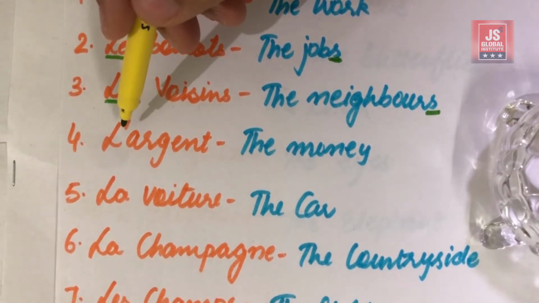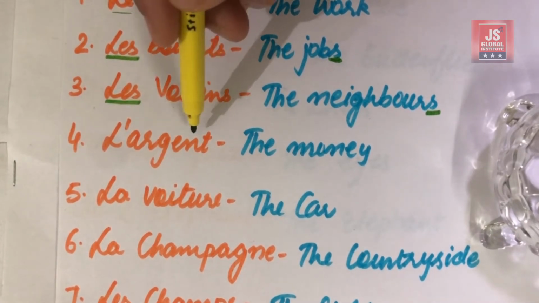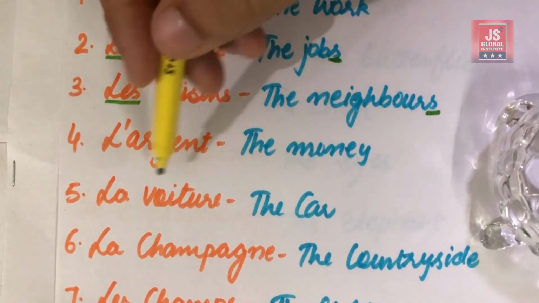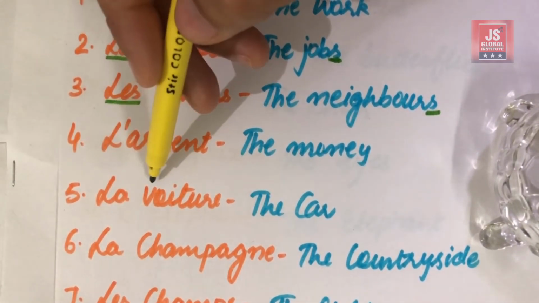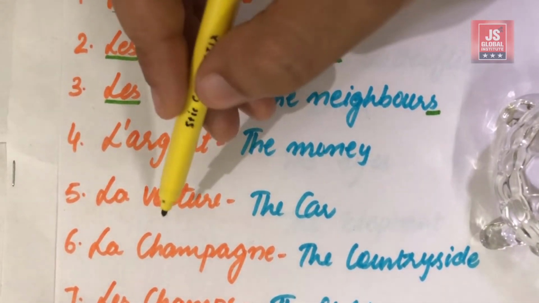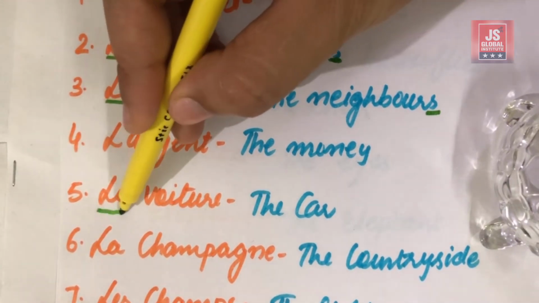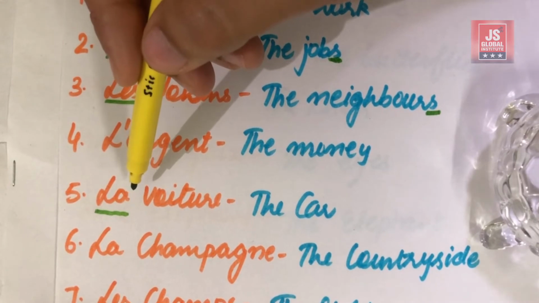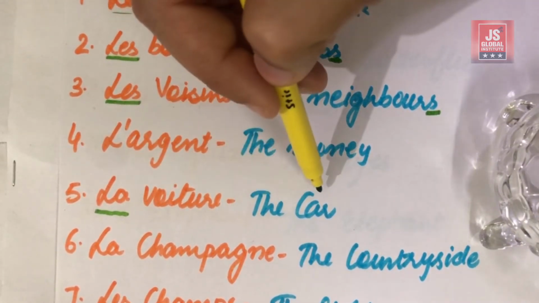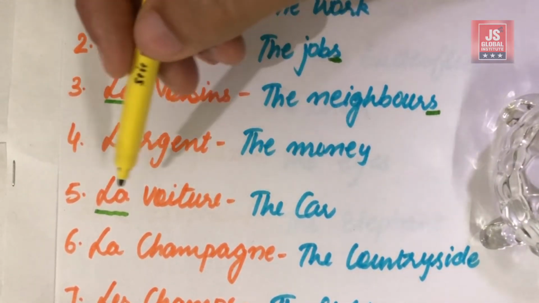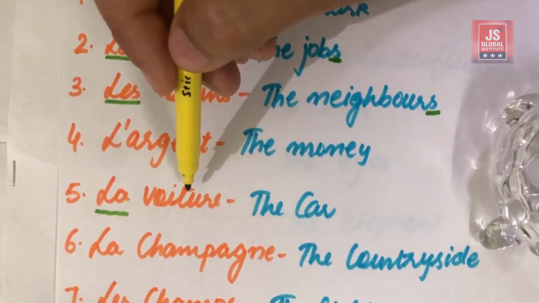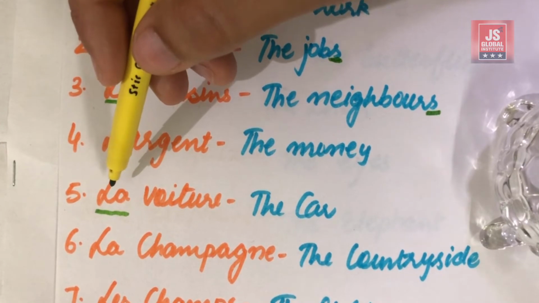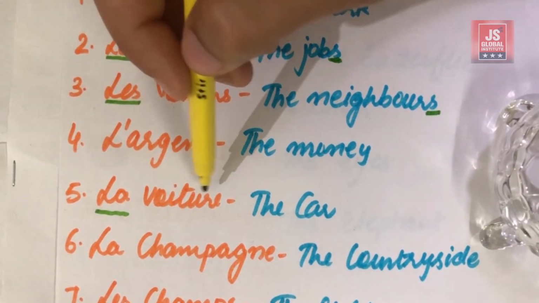L'argent means money. Next is la voiture. This is something feminine, so that is why I used la and not le. And voiture is car. This car is feminine in French, so you will use la and it becomes la voiture.